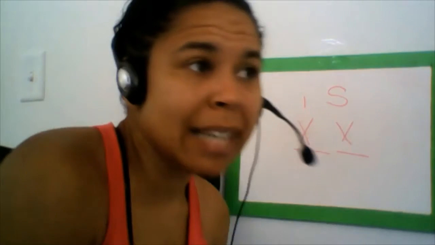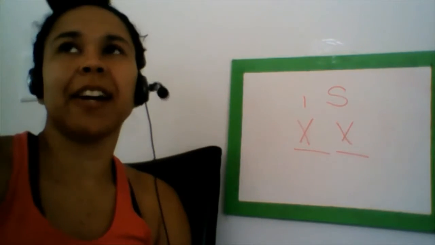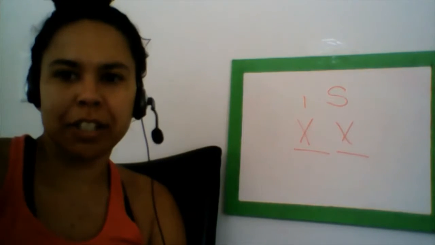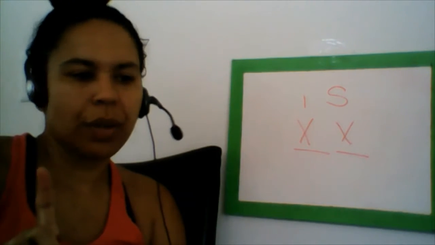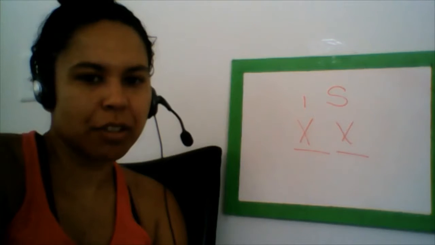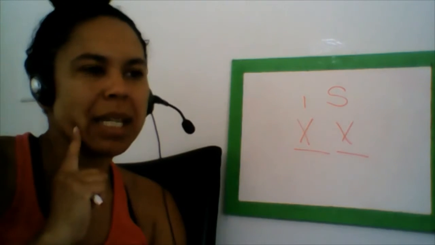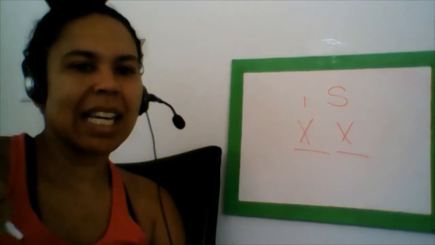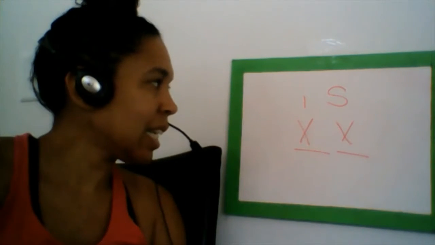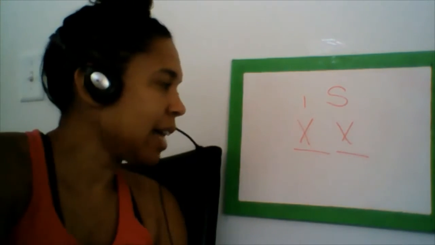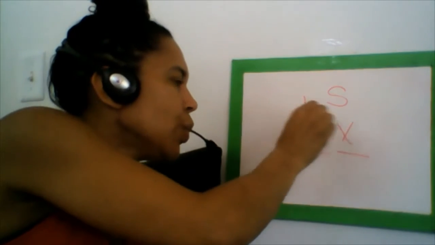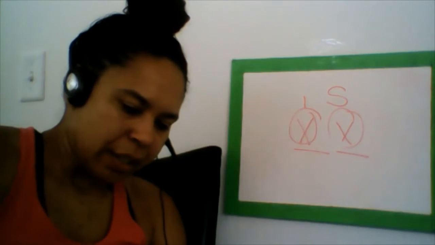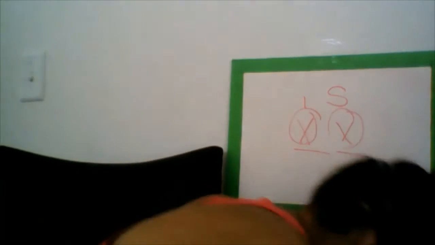Let's listen again. Let's say it together. Is. How many fingers do you have? 2. How many fingers does your partner have? 2. Let's listen. How many sounds do we hear? Is. So is has 2 sounds. Okay. So let's go on.